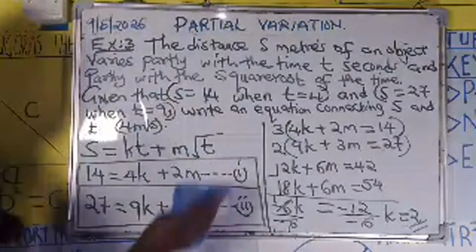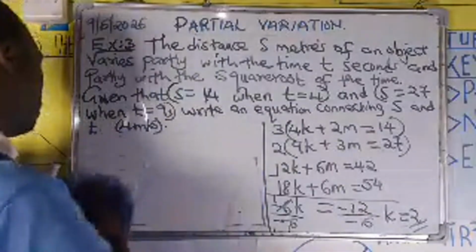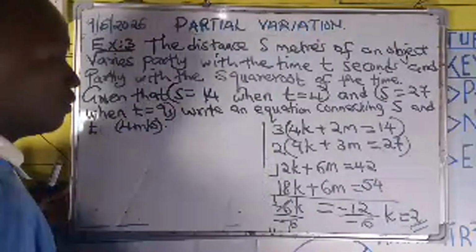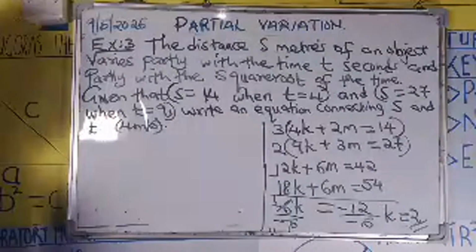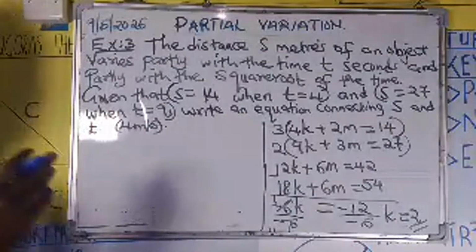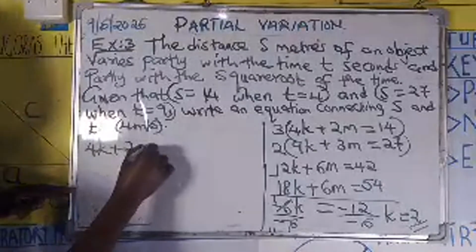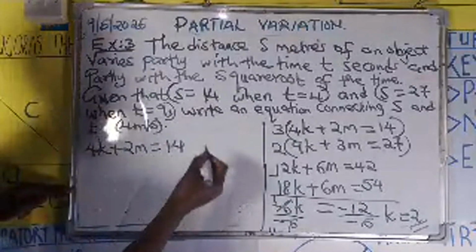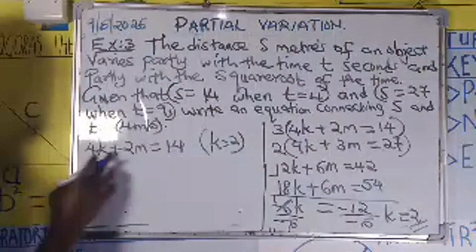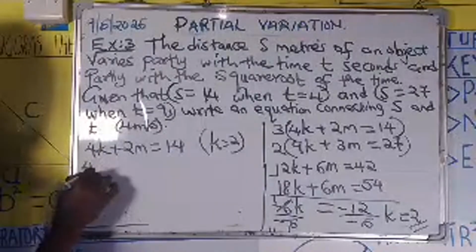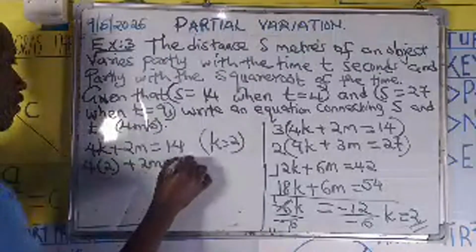So when we get k equal to 2, we can get m. So 4k plus 2m is equal to 14, and our k is equal to 2. So 4 times 2 is 8, plus 2m is equal to 14.